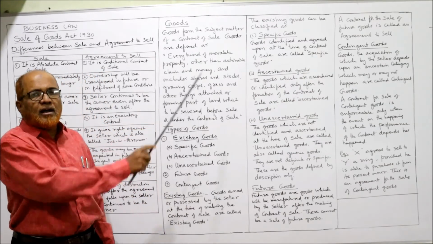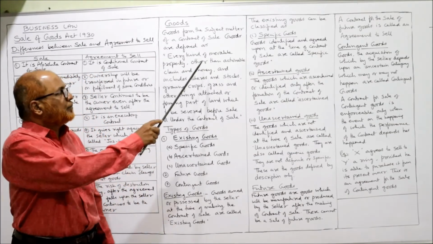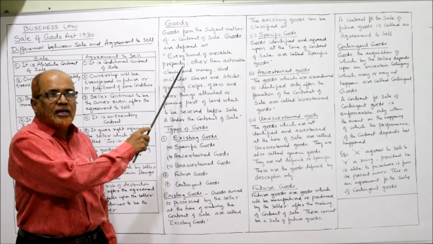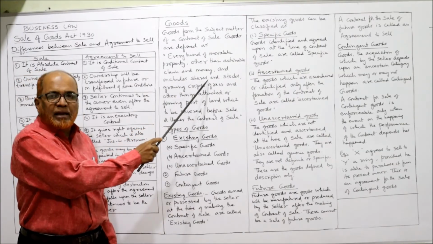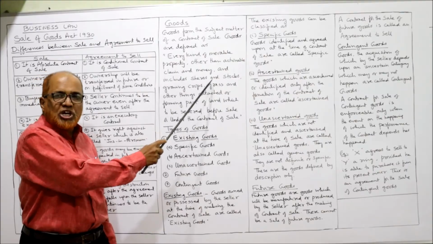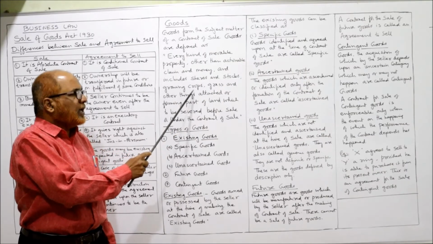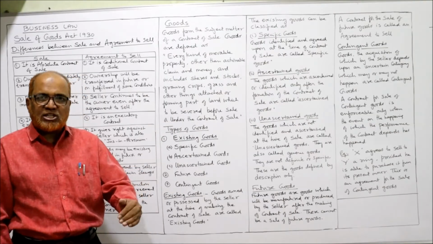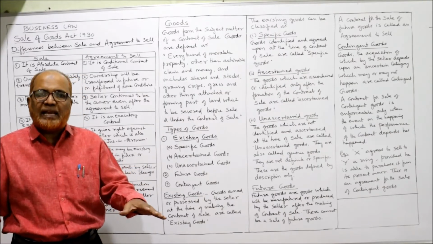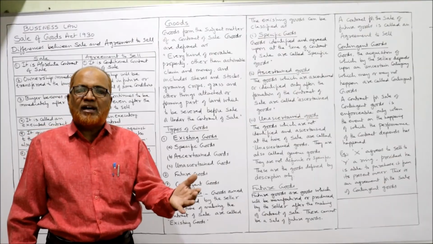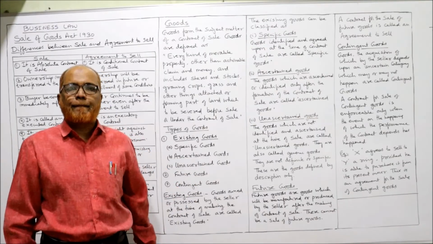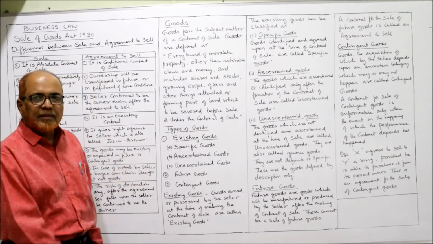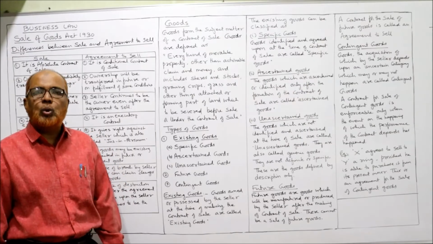Every kind of movable property other than actionable claim and money, and includes shares and stocks and growing crops, grass, and any other thing which is attached to or forming part of the land that can be severed at the time of sale or under the contract of sale. This is the definition of the term goods.